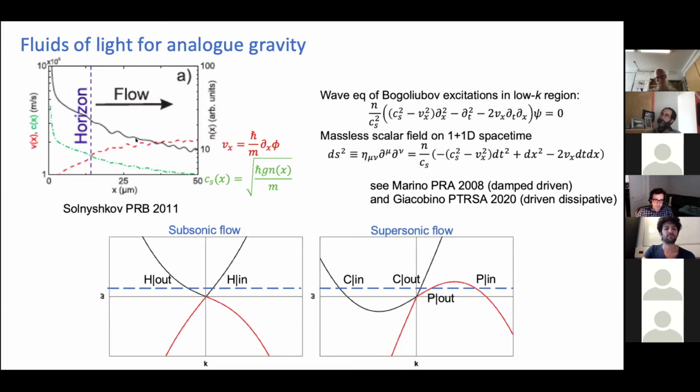So naturally, we have horizons that arise in polariton systems. So this is a very useful tool that we can use to try and observe effects like that. And of course, the metric that I write here can be generalized to higher dimensions. For example, we could obtain a vortex flow like Silke's experiments.